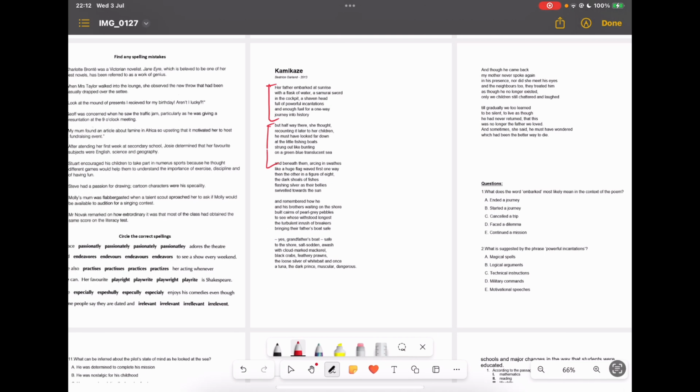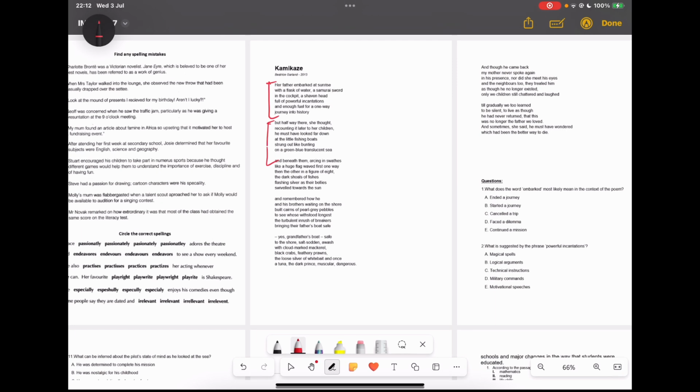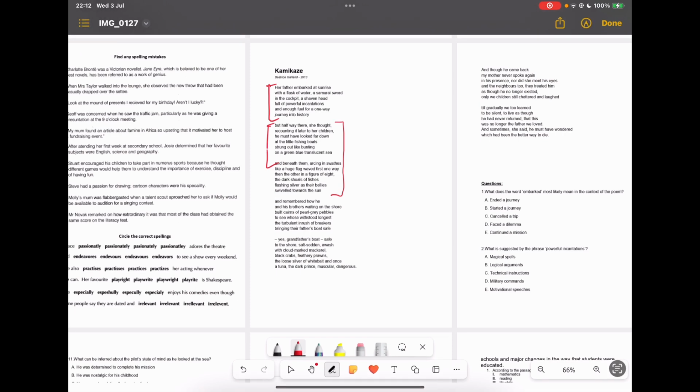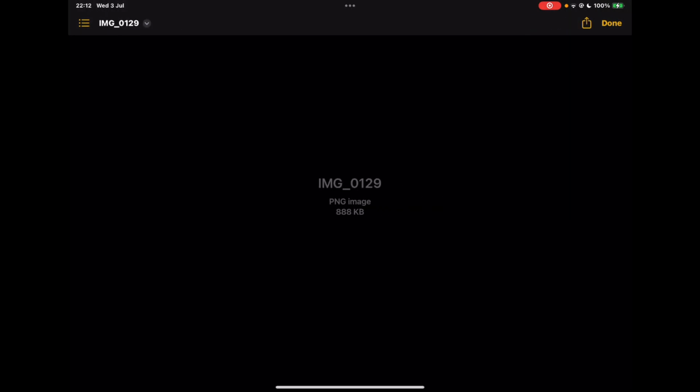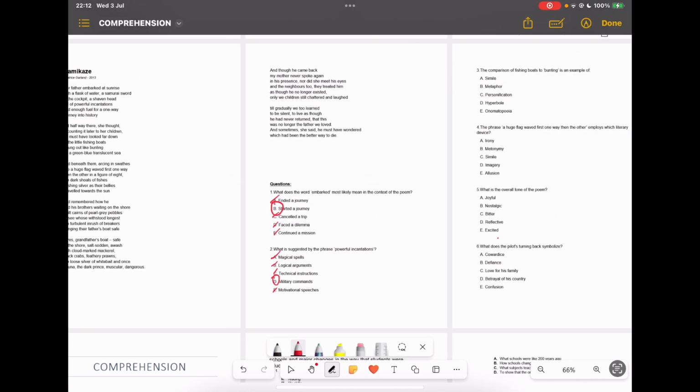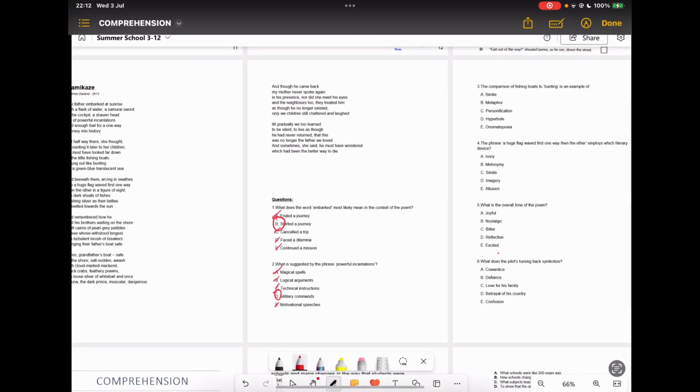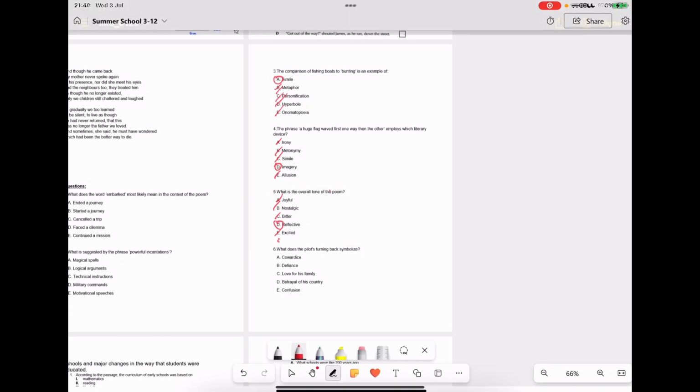So they're turning back, and you can see what they're talking about before it, which is what we need to know, is he's looking at the fishing boats and thinking of his family, so like his brothers and all of those people.